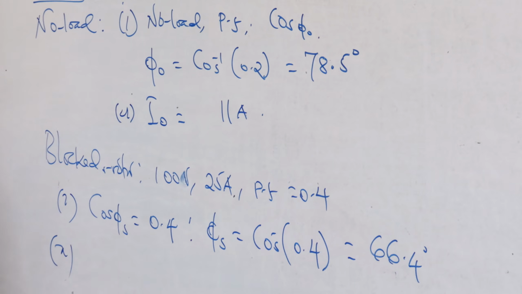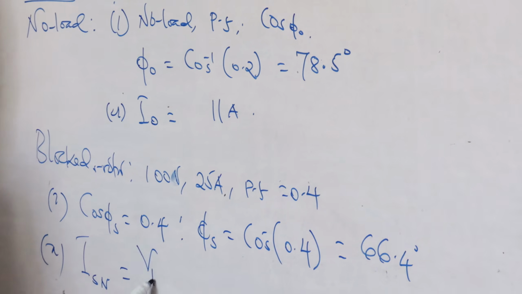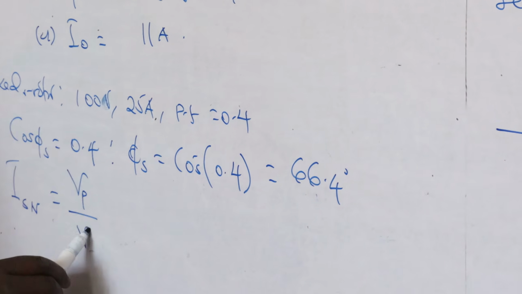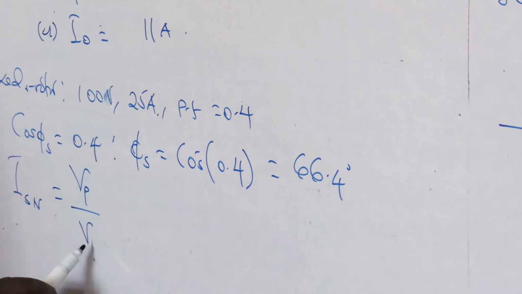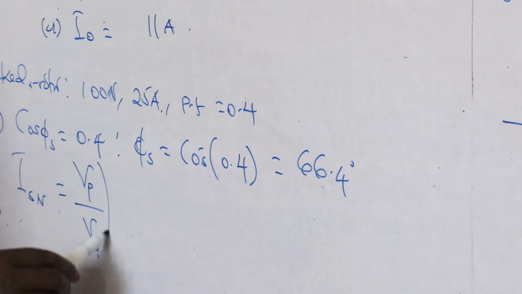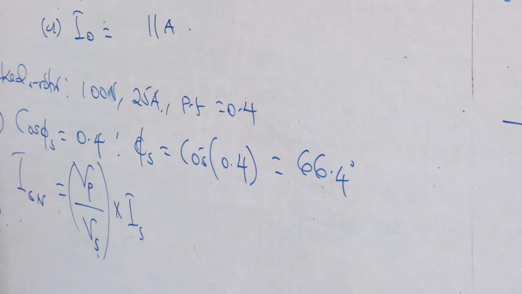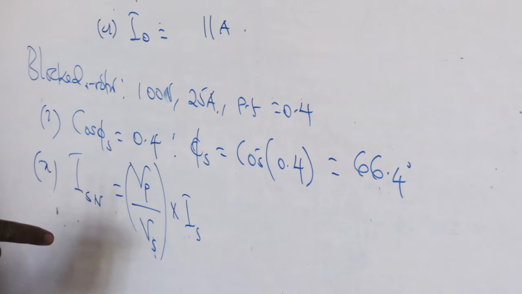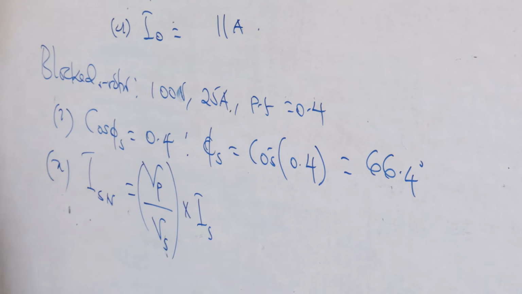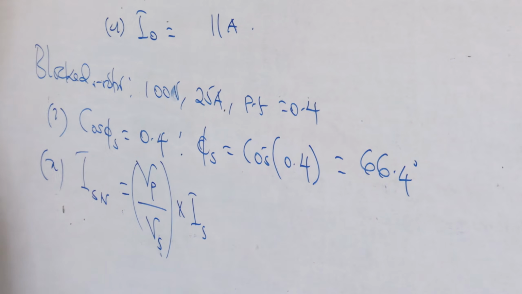Two, what were you supposed to obtain in part two? The ISN, which we said is equal to the primary voltage over the short circuit secondary voltage, multiplied by the short circuit current. Many forget and use this current without getting the ISN, and you'll be wrong in that data, right?